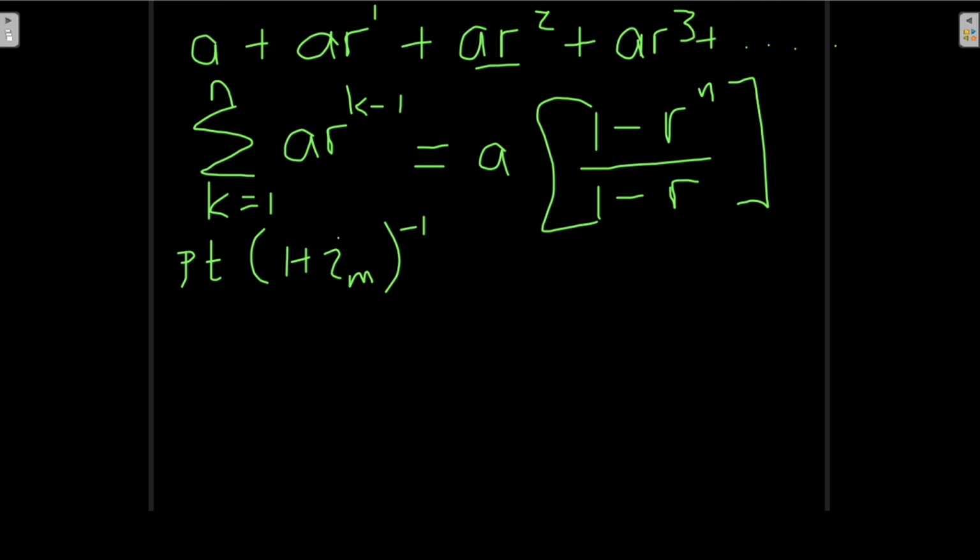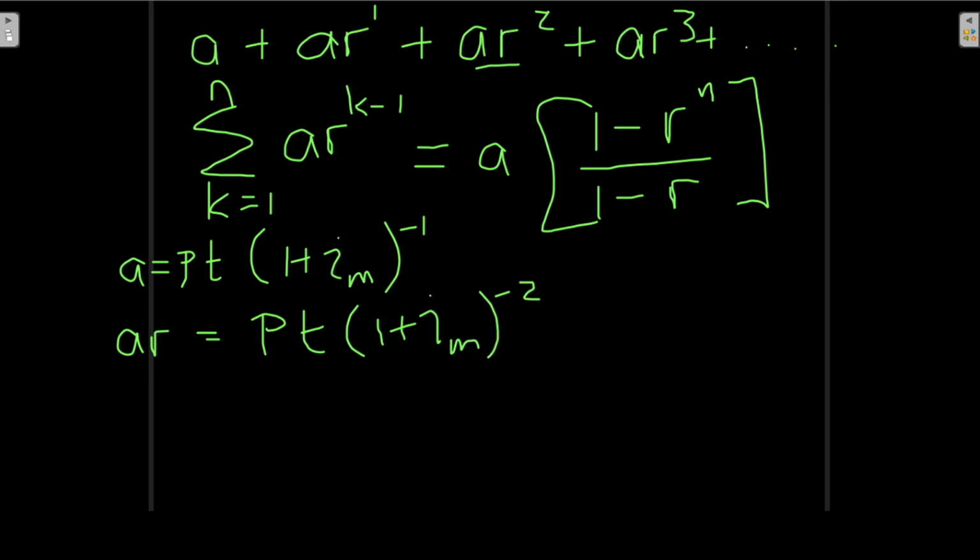That was our first term, so we can say that this is equal to A. Then our second term was payment times (1 + i_m)^-2. So let me write this as AR: my second term was payment times (1 + my interest rate)^-2.